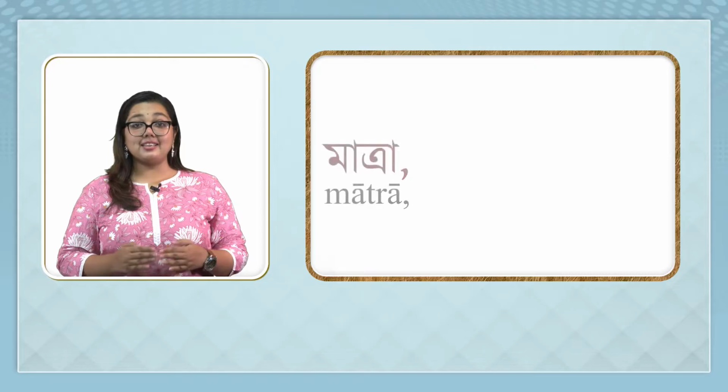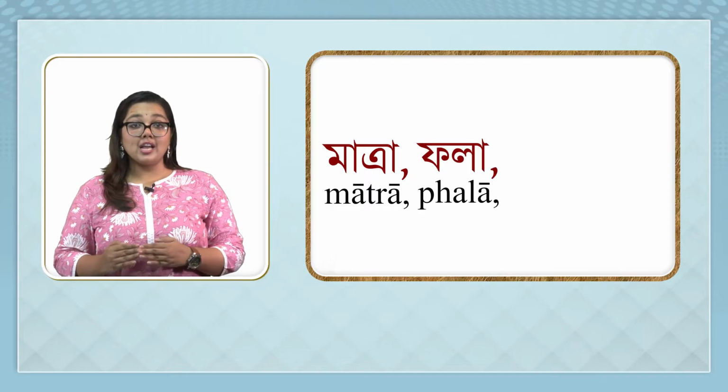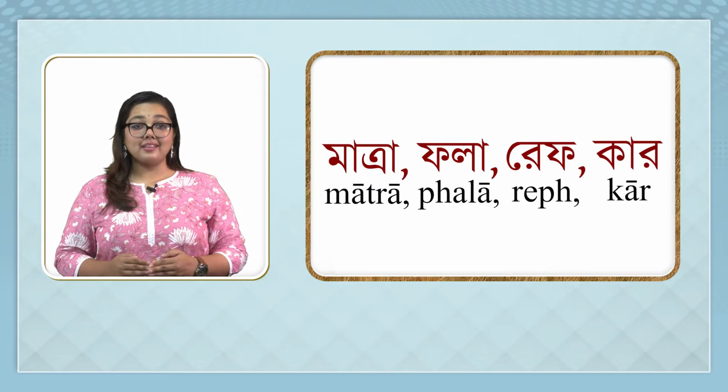Vowels, when they occur independently, are written as standalone letters. There is no concept of capital or small letters in Bangla. The script is characterized by many conjuncts, upstrokes, downstrokes, and other features like matra, phala, ref, and kar.